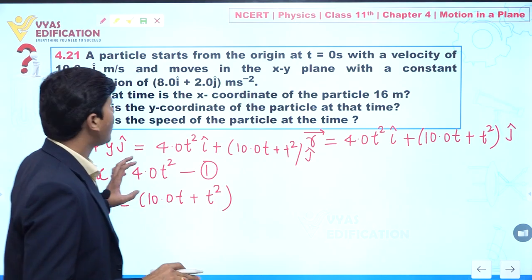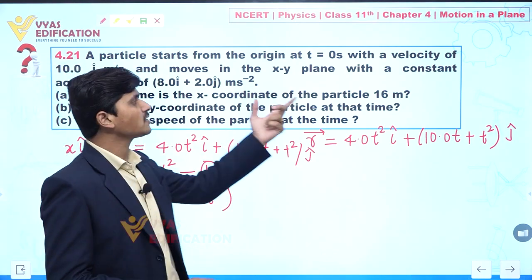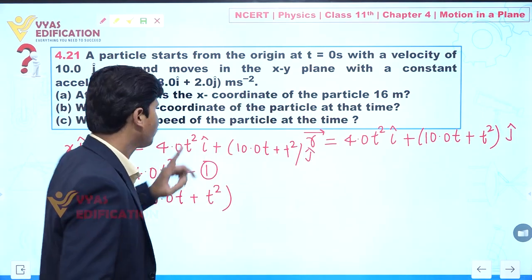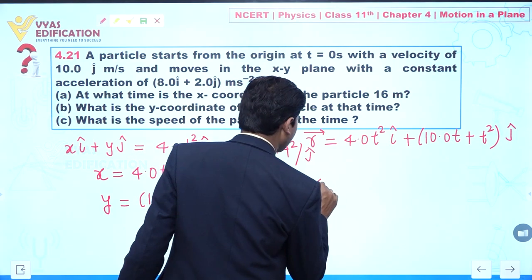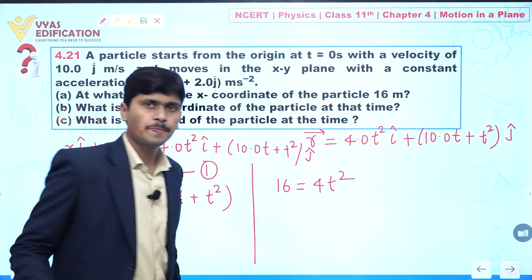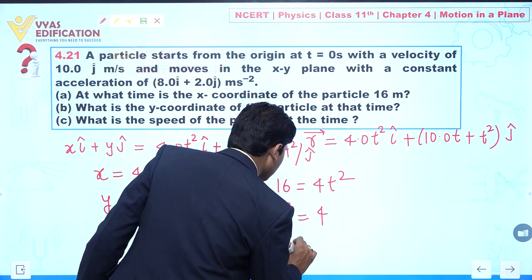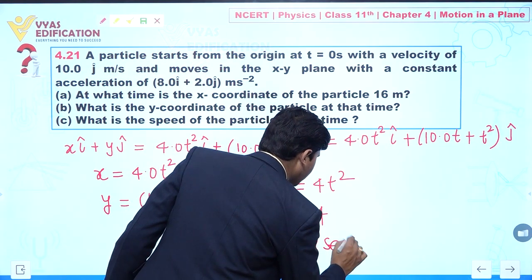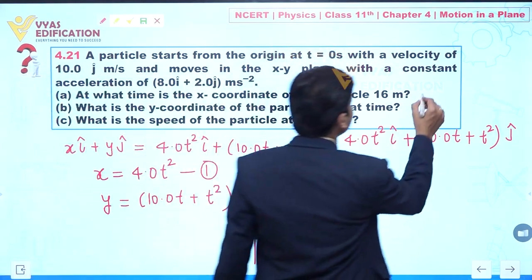Our first objective is to calculate at what time the x coordinate of the particle is 16 meter. So 16 is equal to 4 times t square, so t square is 4 and t is 2 seconds. So the answer of part A is t equal to 2 seconds.